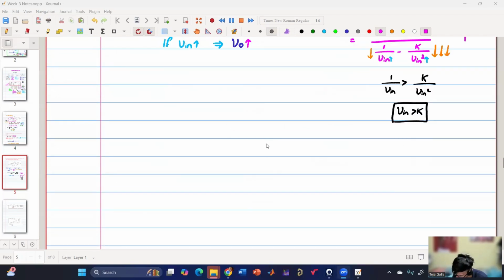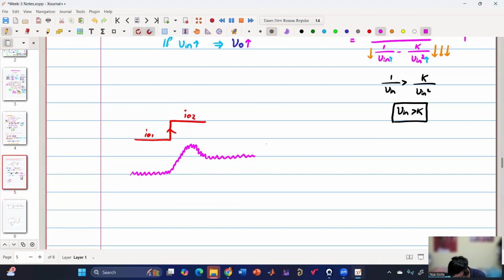Say my load current is changed from one value to another value, say I0 one to I0 two. Then my inductor current can change. Say my inductor current is like this. It might undergo some kind of transient, and then it will settle at the new current.